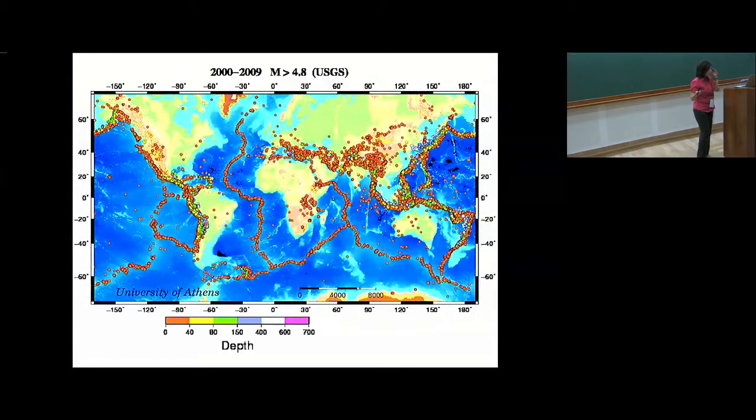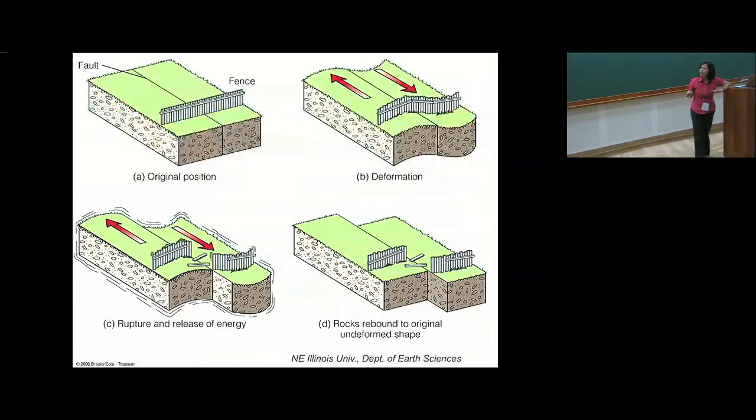So, just an explanatory slide about how an earthquake occurs. This is based on something called the elastic rebound theory. Basically, if you have two plates, one moving in one direction and the other moving in the other direction, it will build up a lot of strain energy, right?